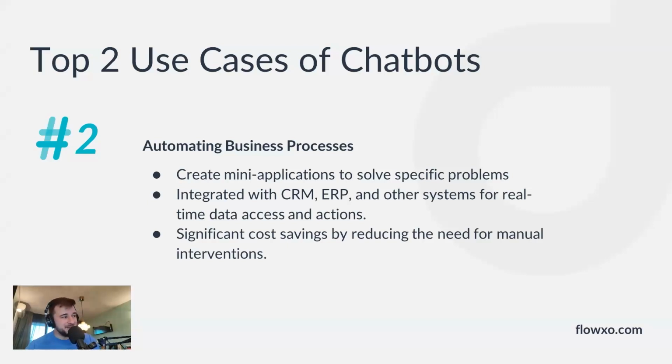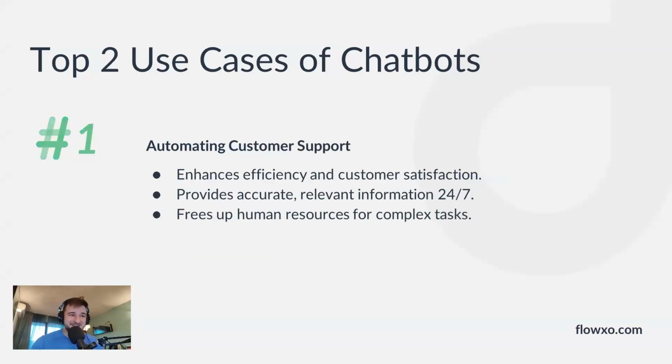And can you guess what is the number 1 use case though? Just type in the chat. What do you think is the number 1 use case? Okay, so Louboutin actually was correct here. Customer support is the exact number 1 use case. So automating customer support.